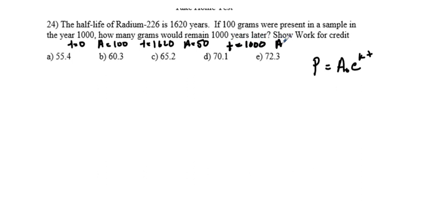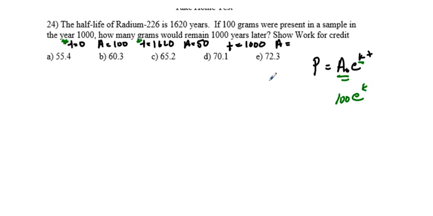Okay, so we have 2 points. We have this point right here, and we have this point right there. Okay, and so what we have to do is figure out our initial amount, which is 100. We can figure out our k amount by using our other point.